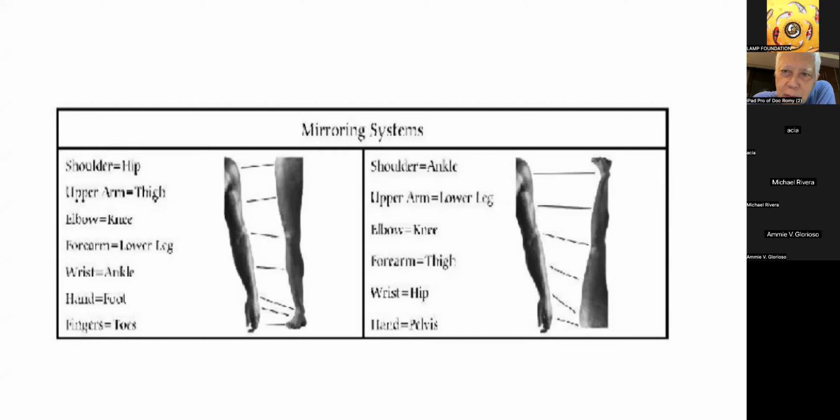Like the fingers will mirror the toes. If you reverse it, the hand will now mirror the pelvis.